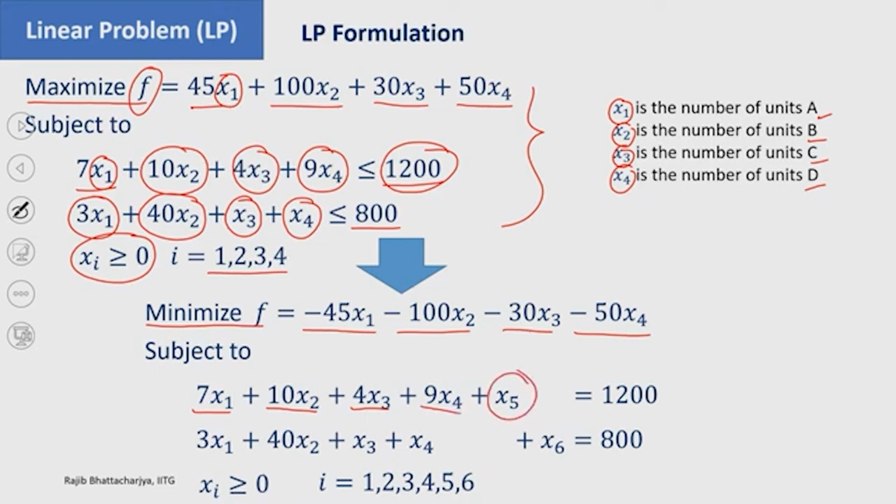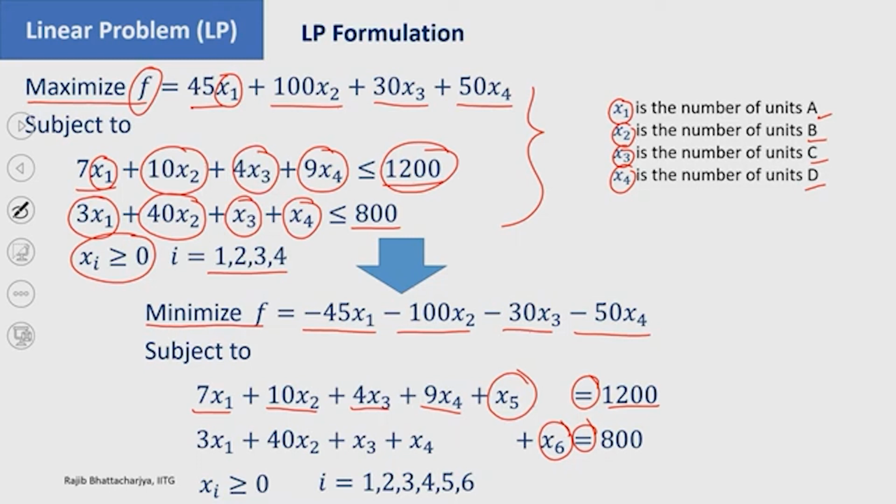Now, I am putting a slack variable here, this is x5, just to make it equal, and this is equal to 1200. And similarly, on the second constraint, I am putting another slack variable that is x6, just to make it equal to 800. So, now with this standard form, I have x5 and x6. Okay. So, I can get the initial basic feasible solution.